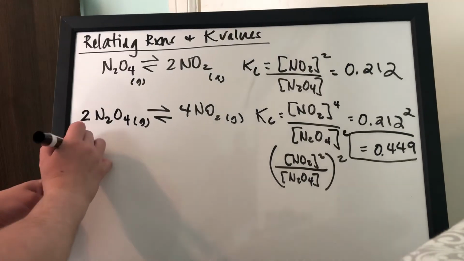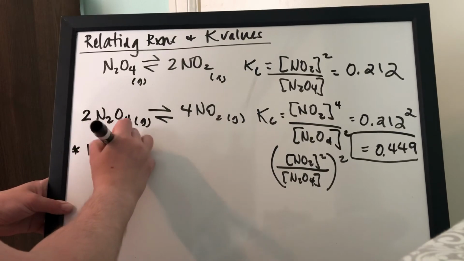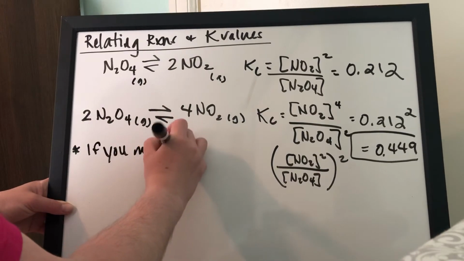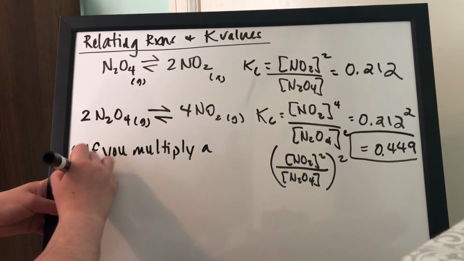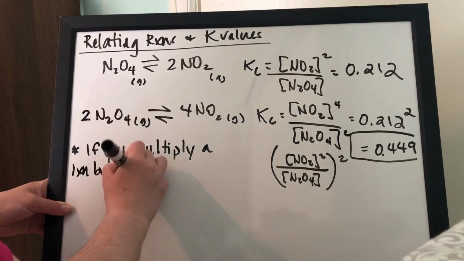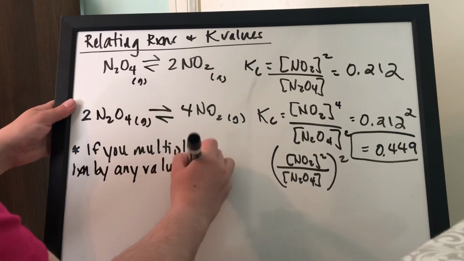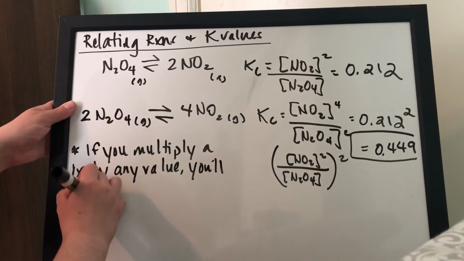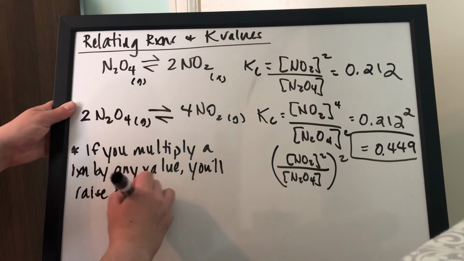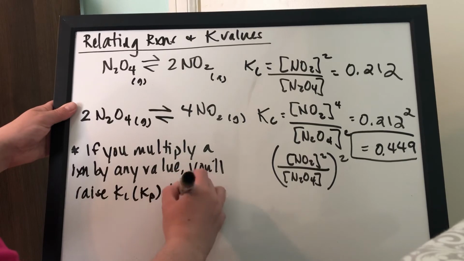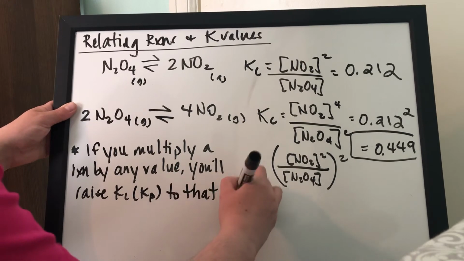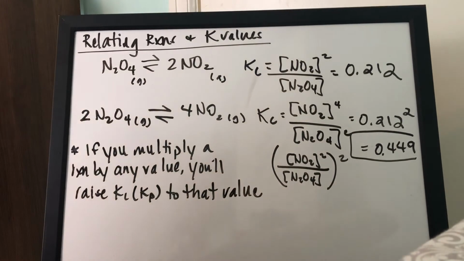So you might want to write that as a takeaway. If you multiply a reaction by any value, you'll raise Kc or Kp to that value.